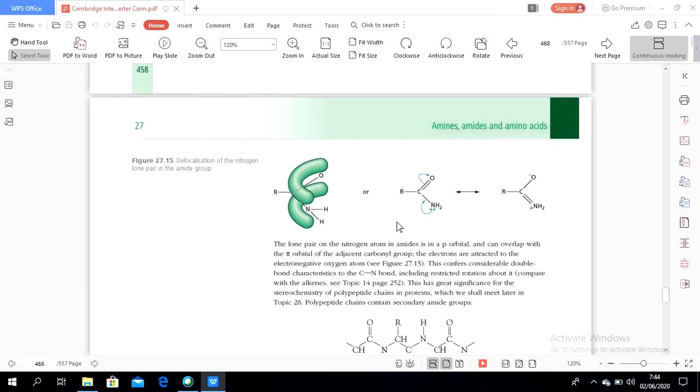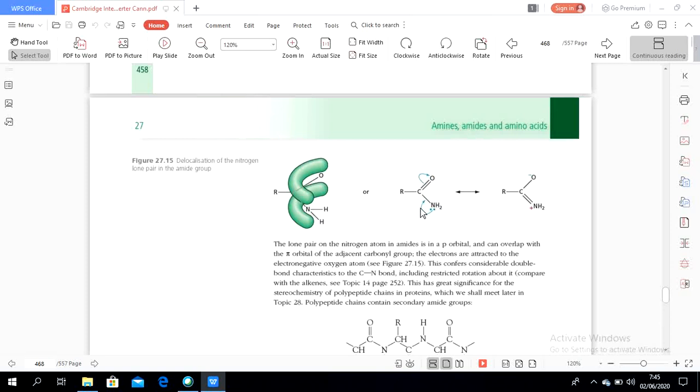Because the lone pair of the nitrogen overlaps with the pi orbital of the adjacent carbonyl group. That makes the electrons attracted. So the electrons here are attracted to the oxygen atom. It is not that the electron is being taken, but that the electron is attracted.